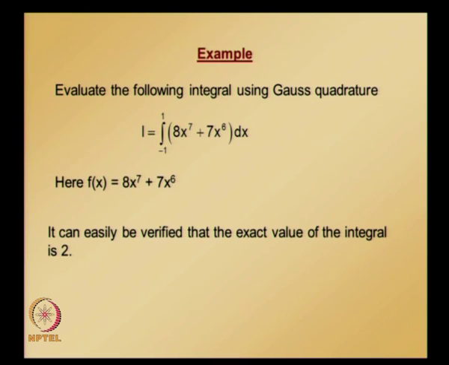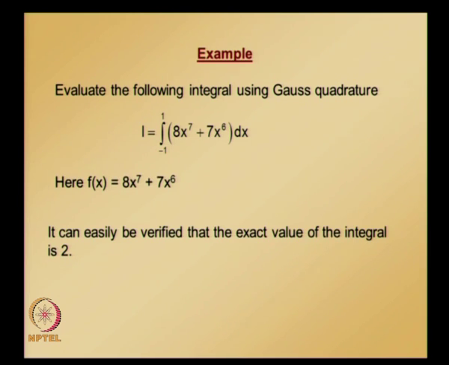And you can see here the integrand order of polynomial is 7. So, you can back calculate how many Gauss points give the exact solution.